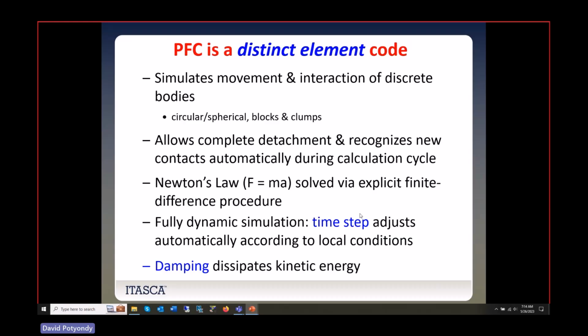And we're going to find out that if the time step gets too big, the system blows up, meaning that suddenly your particle positions go to e to the minus 53 or e to the 53. So there's this very well-defined limit of what the time step needs to be. We're going to find out that PFC has an empirical scheme to continuously figure out what that time step limit is. It's going to figure out what that limit is and hit it with a safety factor of about 0.8, and that's the time step it's going to use.